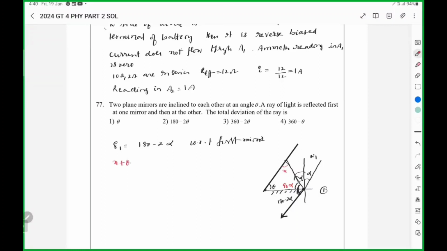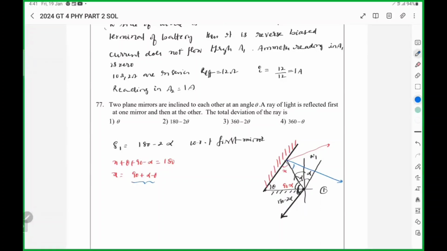x plus theta plus 90 minus alpha forms a triangle, so x is 90 plus alpha minus theta. Once it gets incident on the second mirror, again it gets reflected. For this plane mirror, the normal is this.